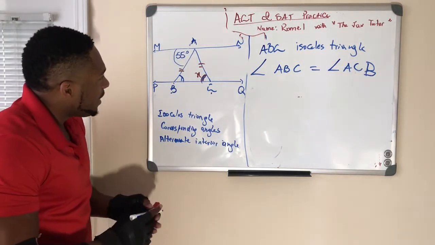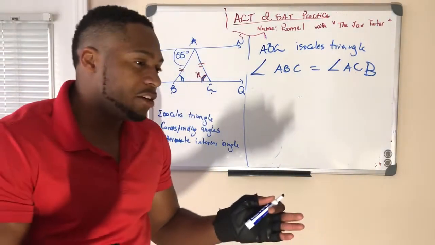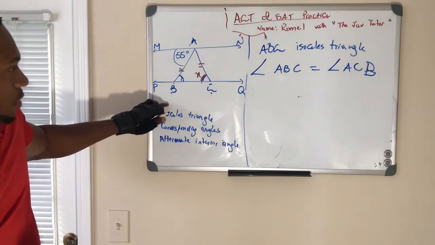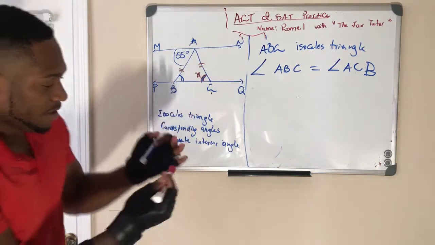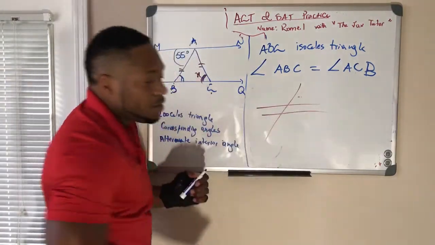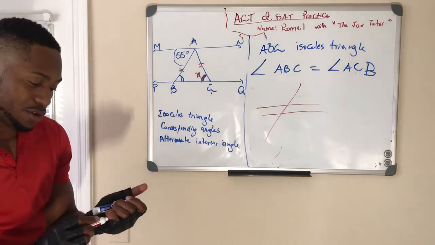So how do we find the angle here? There's a theorem that says if we have a parallel and a transversal, the alternate interior angles are equal.